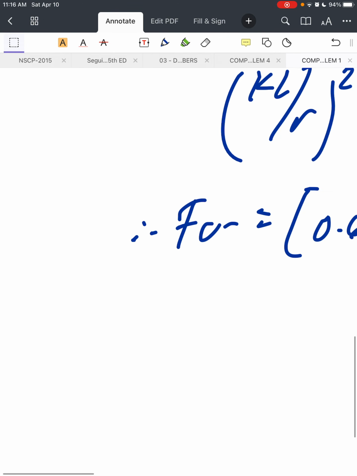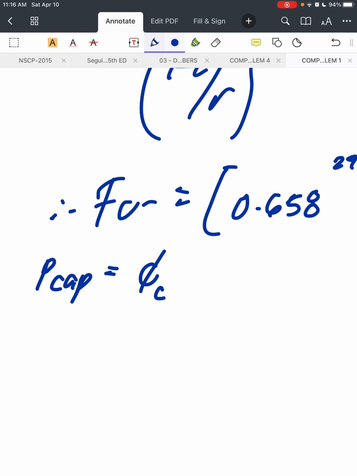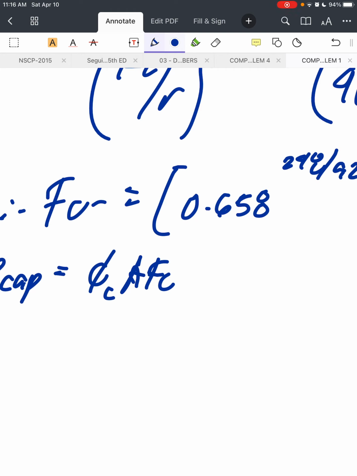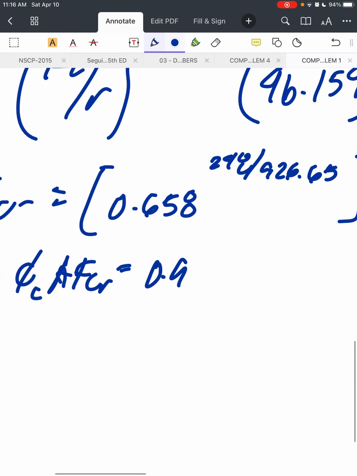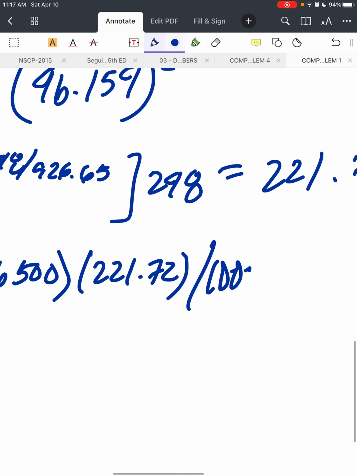Now for your actual capacity, your actual capacity is equal to phi c times A times Fcr. Just to be clear, phi sub c times A times Fcr. So that is equal to 0.9 times 16,500 times 221.72 over 1,000.